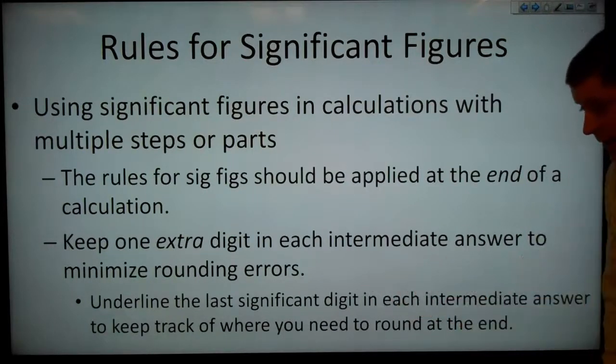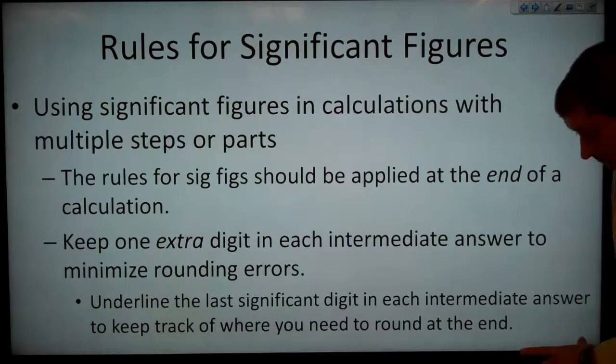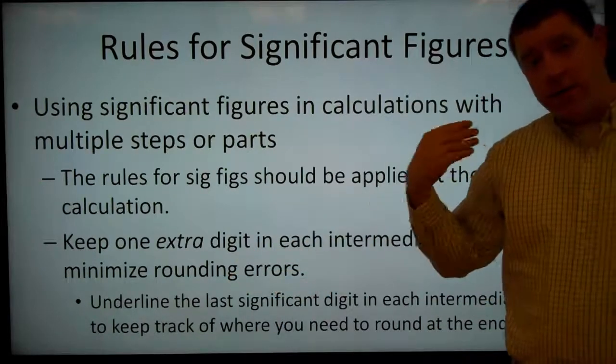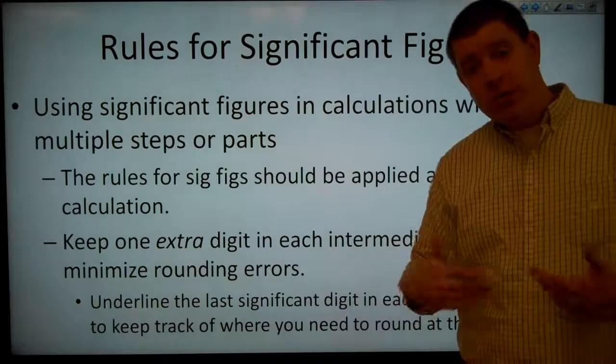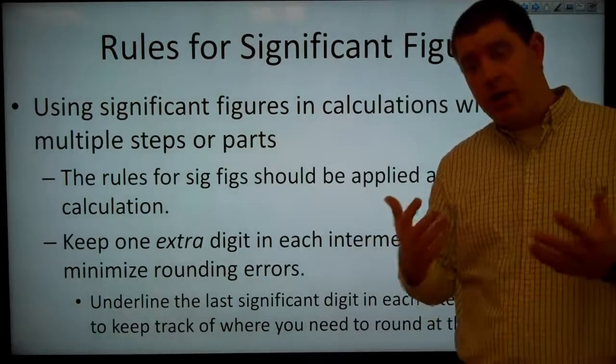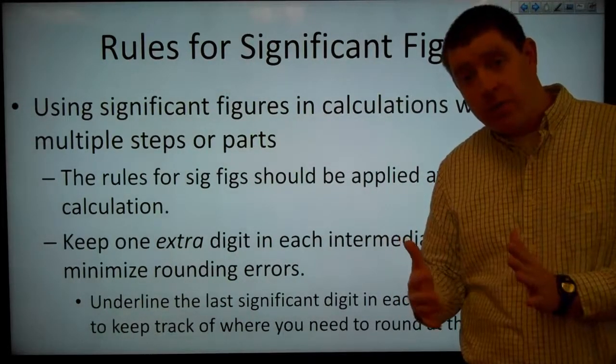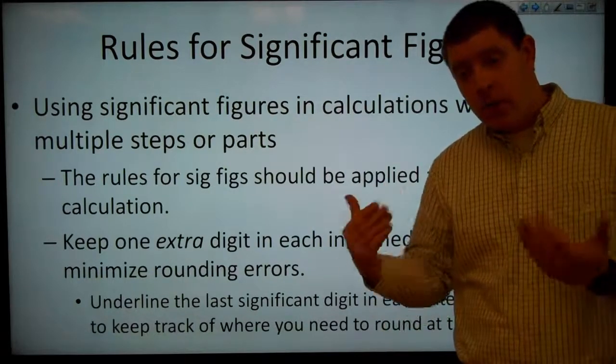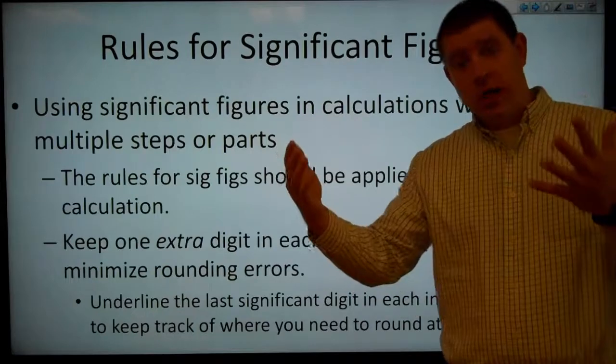You should underline the last significant digit in each intermediate answer to keep track of where you need to round at the end. The reason I suggest doing this is that if you round at every step, you may introduce significant rounding errors if you have a small number of significant figures at some point in your calculation, and you round, and then you do some calculation on that.